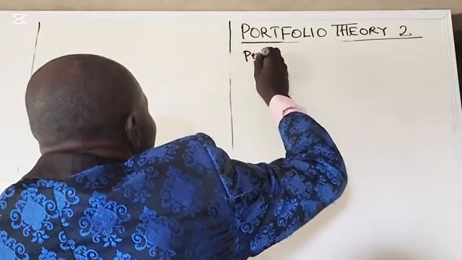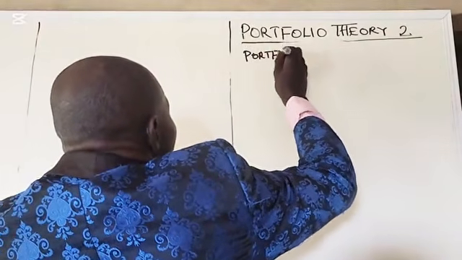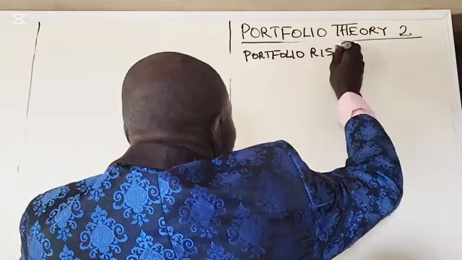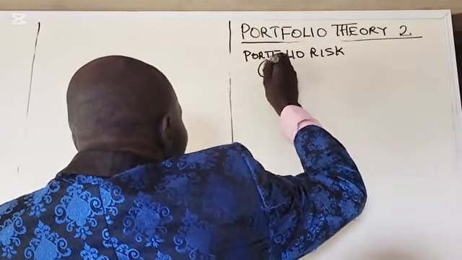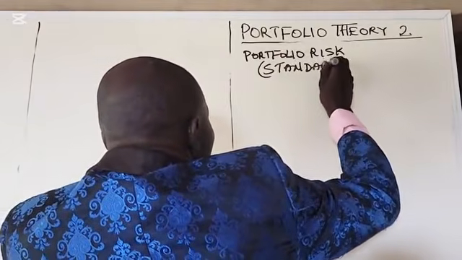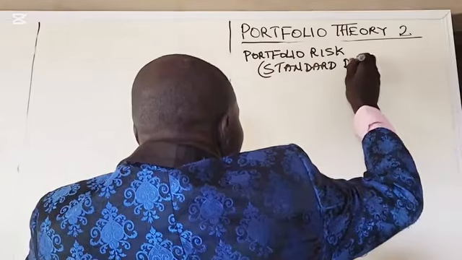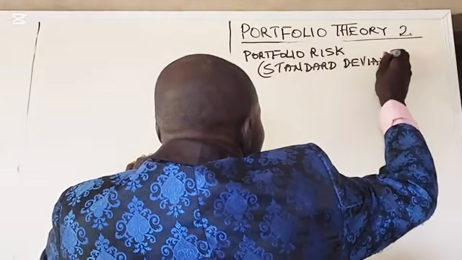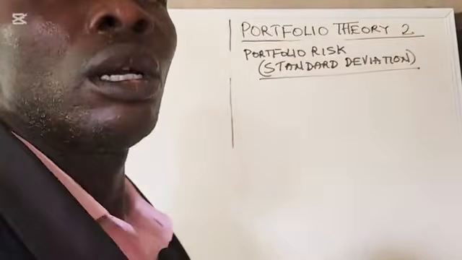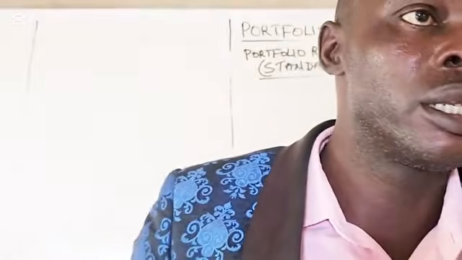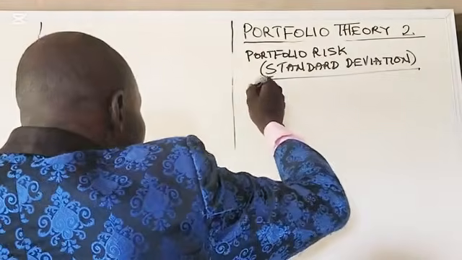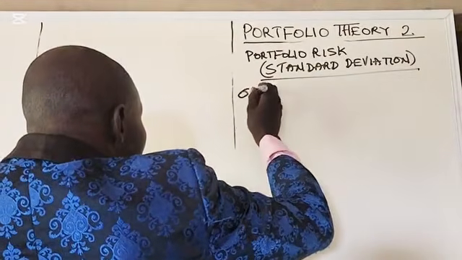Portfolio risk, which is measured with standard deviation. Portfolio risk is the most important part of this lecture. To measure the portfolio risk, I've told you it can be measured with the standard deviation.